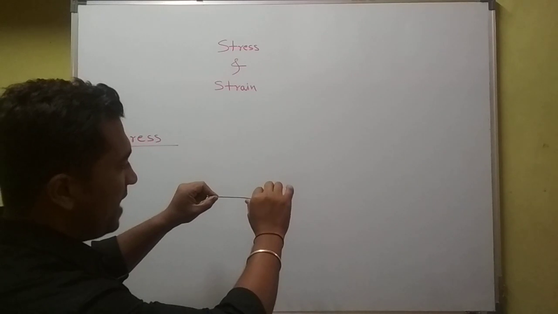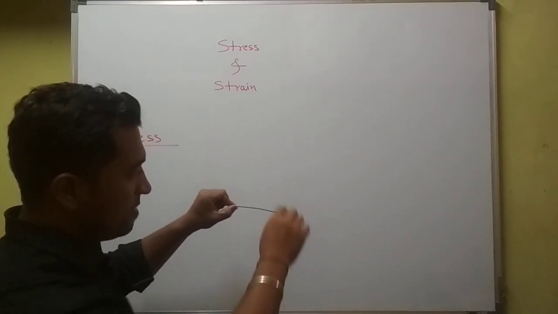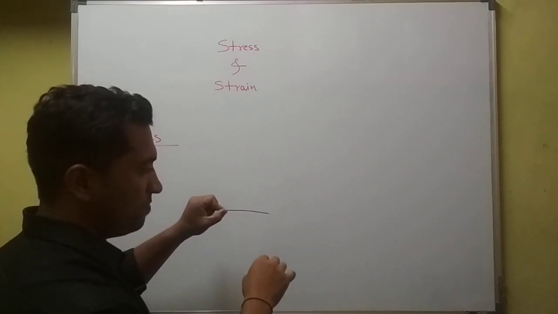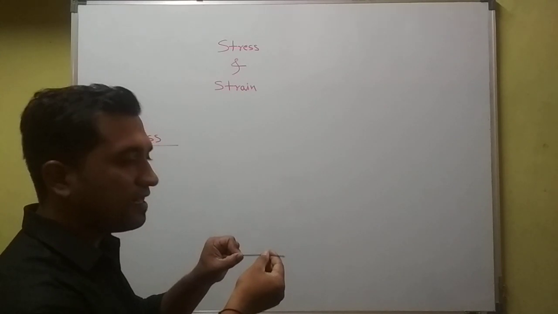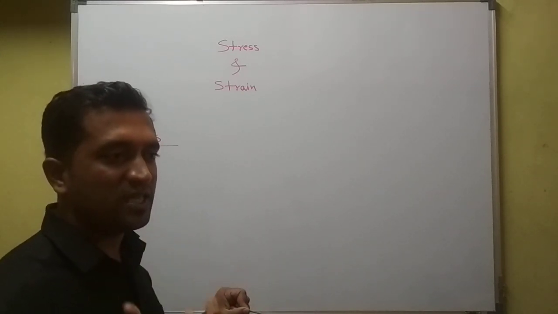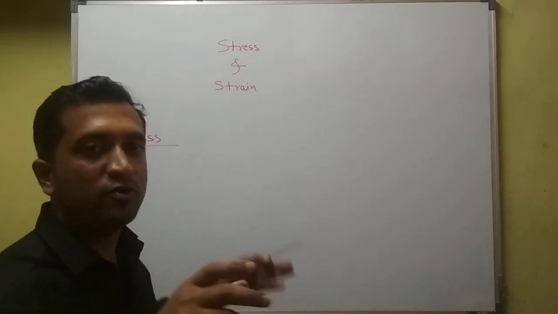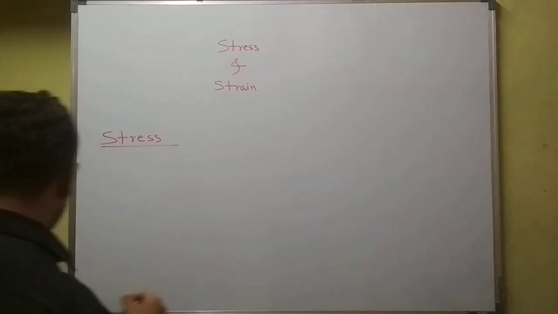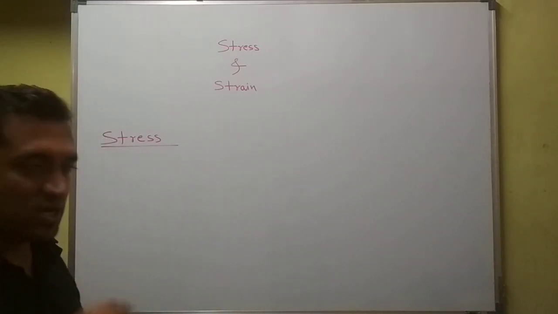I try to deform the wire, but it is not getting deformed. It is coming back to its shape. Why? Because some internal resisting force is acting on that body. So this resisting force we can call stress.